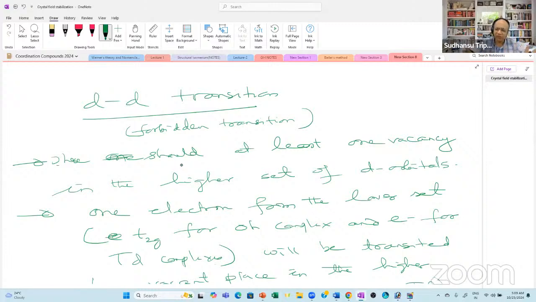Quantum mechanically it has been established that when delta L is plus minus 1, then it is an allowed transition. And if it is allowed, the intensity of absorption will be high. The mountain will be Kilimanjaro type or Himalayan type. And therefore, if the absorption is of high intensity, then the complementary color that we see is also of high intensity. And we get intense color.